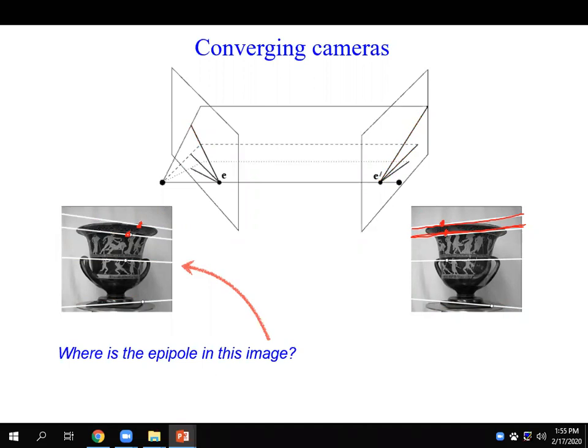So I'm giving you that these are the epipolar lines, and I'm asking you, where is the epipole? You just told us that the epipolar lines will intersect at a certain particular point if I give you a couple of these lines. But here they are not intersecting. Where is that? Basically, I told you that they have to intersect, but I didn't tell you about the size of this image.